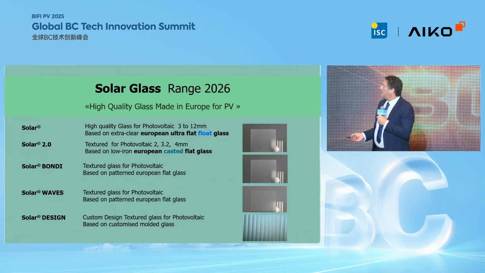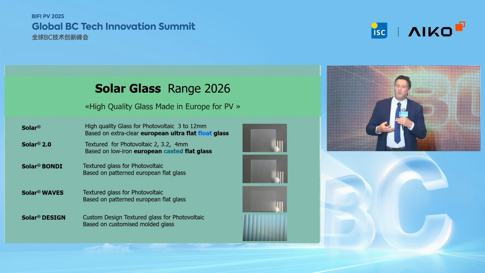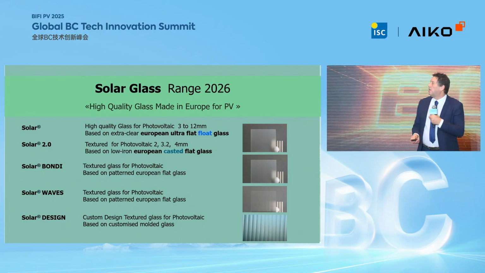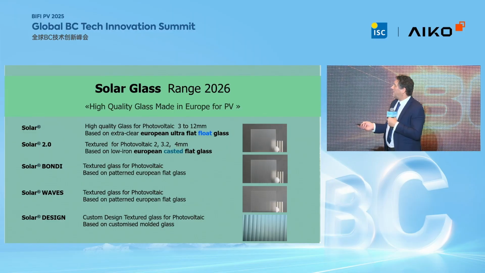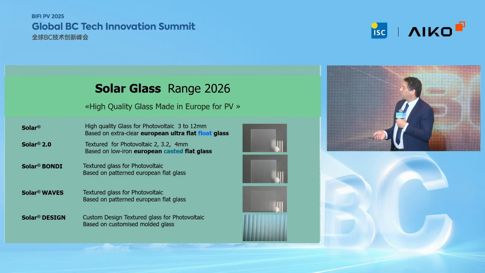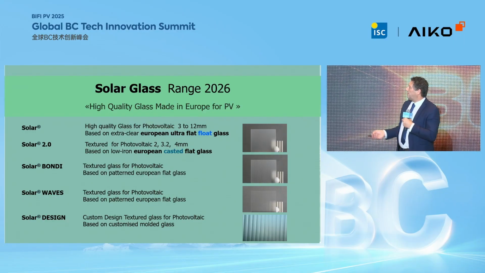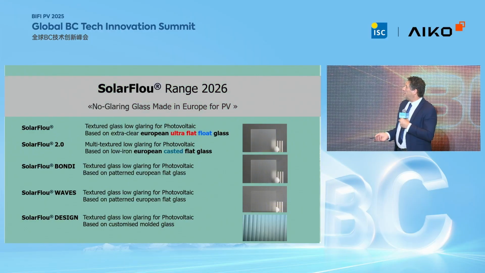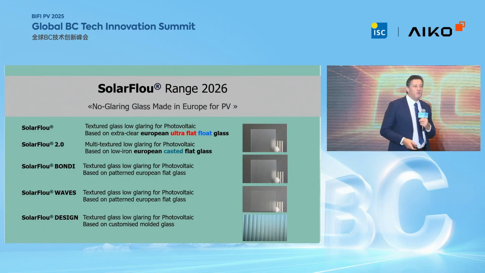So now I will make a short review of what is available on the market step by step in Europe. We have a range of normal solar glass, which is not textured, so not anti-glare, really the basic product, up to the special solar design product. And in the same range, the same type of glass, we are able to apply the solar flue coating on it.